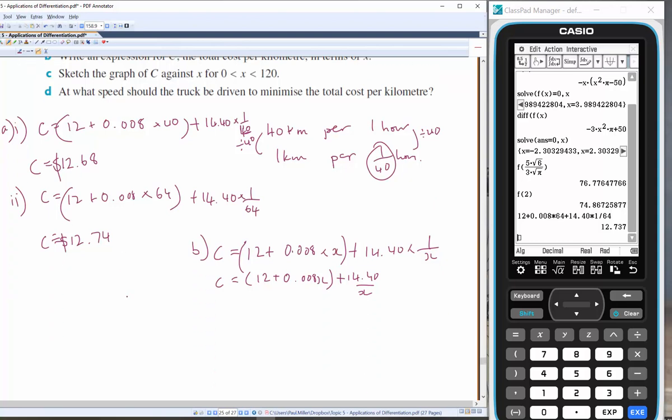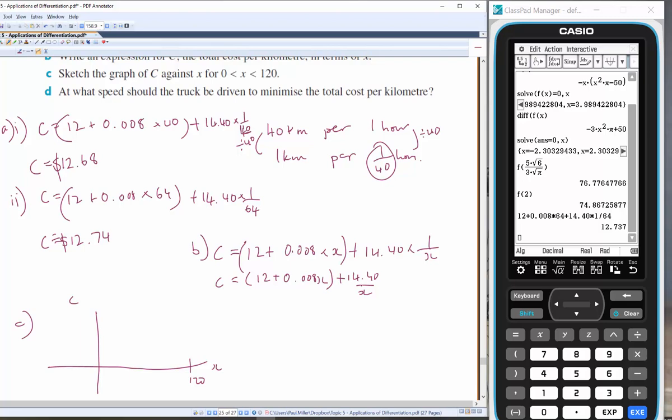Here's how this one's going to work. So we're going to have x and cost. And what's going to happen is if the truck driver drives the truck really slow, like 1k an hour, it's going to cost a lot of money because if you look at our function, if it's really slow, you can imagine a small number going into 1440.